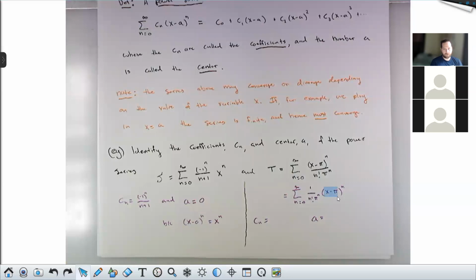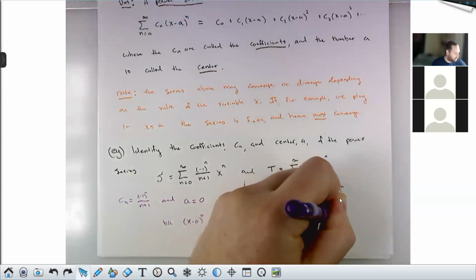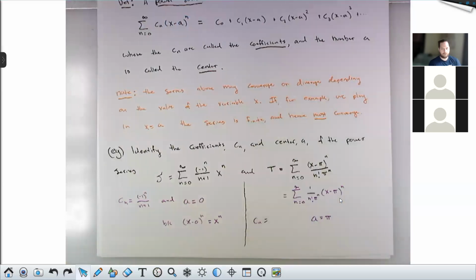Well, this is x minus pi to the n, and this is x minus a to the n. So if a is the center, the thing that's playing the role of a is pi. So my center is pi. Yeah, very good, Kylie. Thank you. And then the coefficients, the Cn, are everything else in the series. It's the 1 over n factorial times pi to the n.